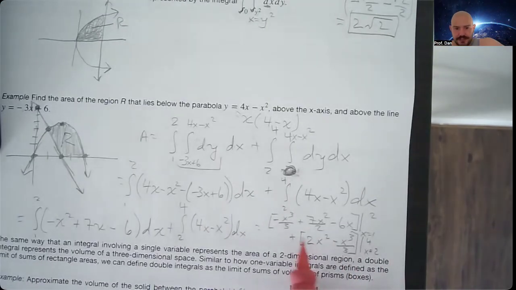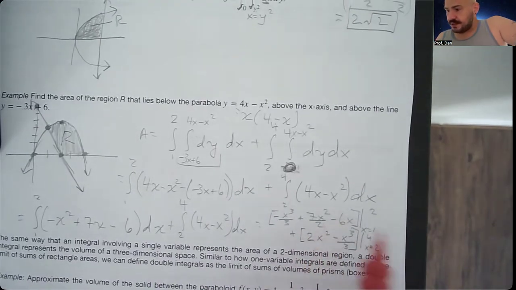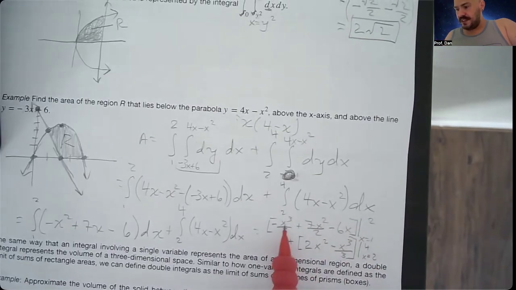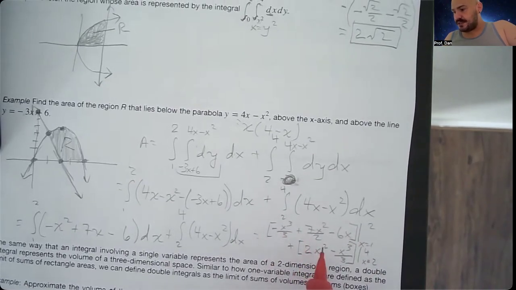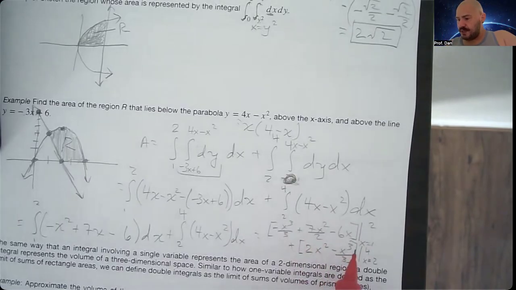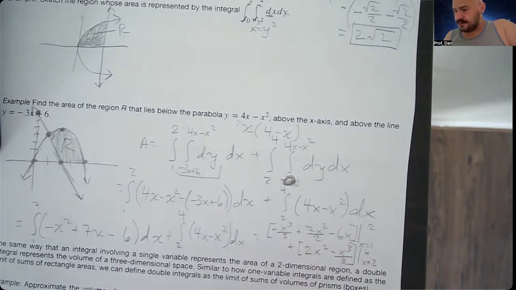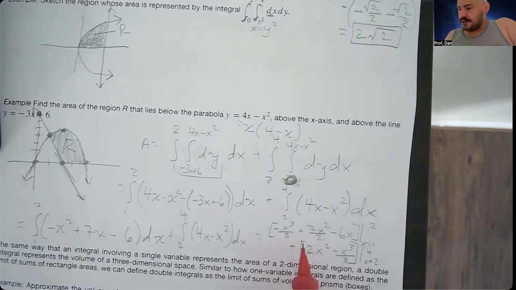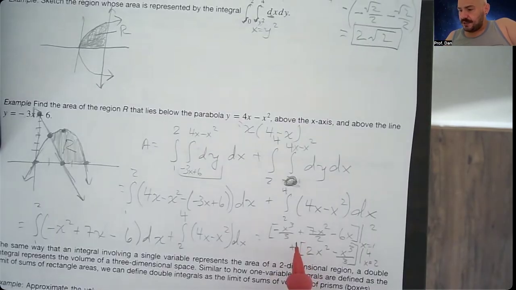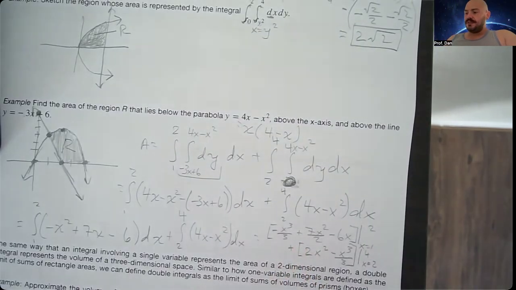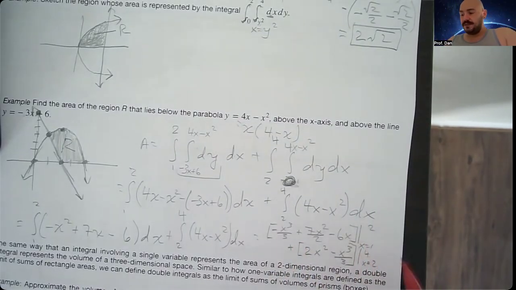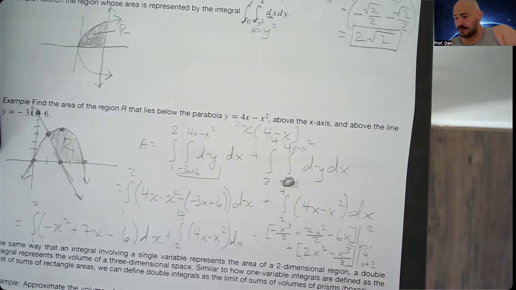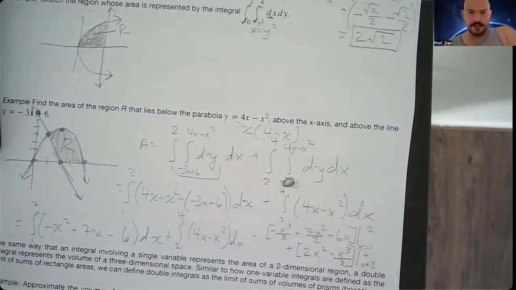Okay, I'm going to do some mental math real quick. So that's going to be negative 8/3 plus 14 minus 12. All right. So negative 8/3 plus 6/3 gives me negative 2/3 minus, hold on a sec.